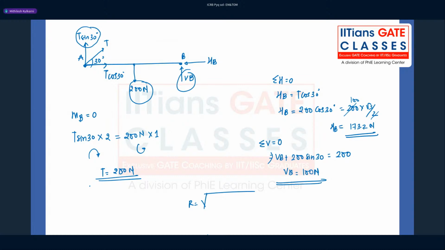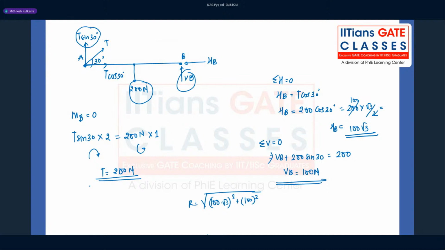Yeah, or even if you keep it as 100 root 3, for simplicity, we'll keep it as 100 root 3. So 100 into root 3 whole square plus 100 square.